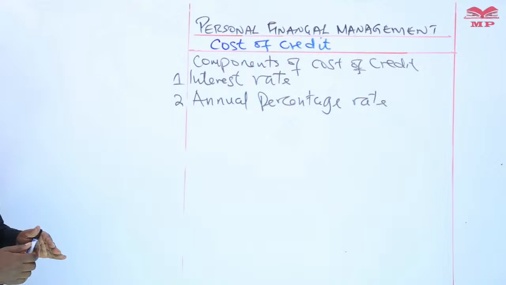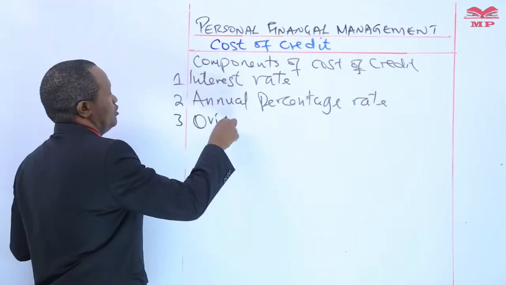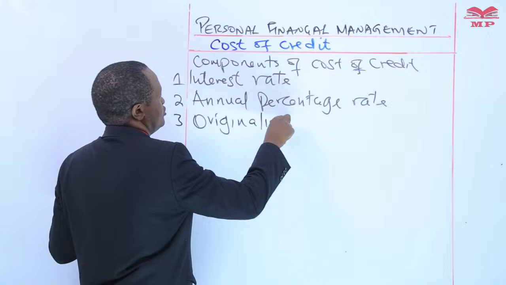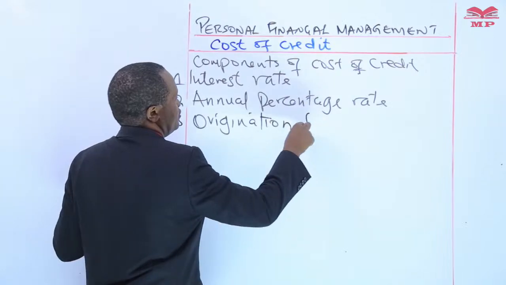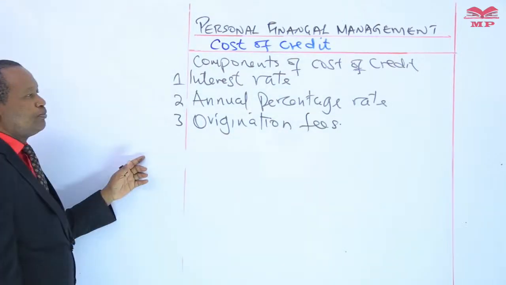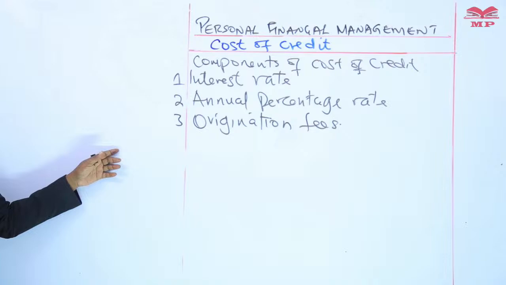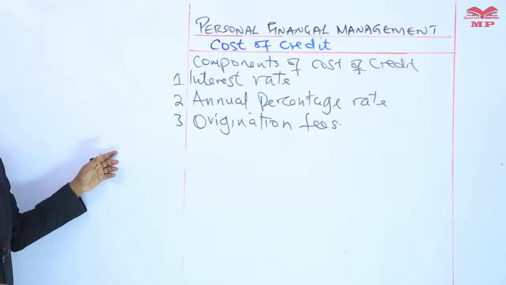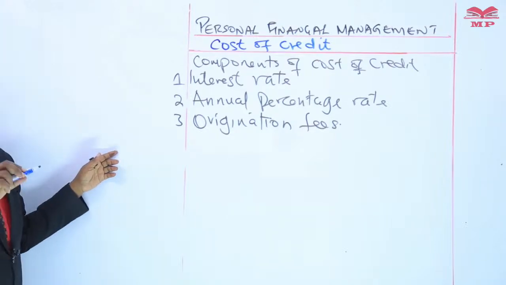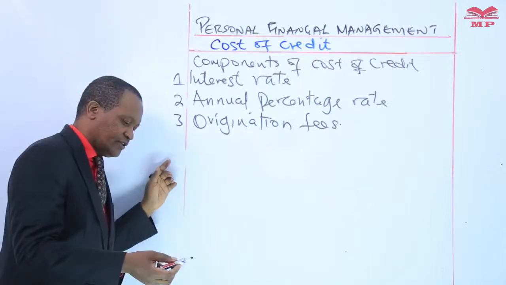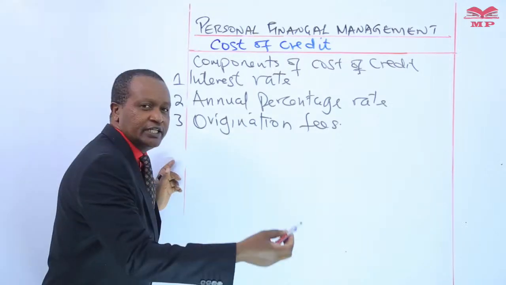Number 3, origination fees. This is another component of credit. This is a one-time charge levied by the lender for processing the loan application.